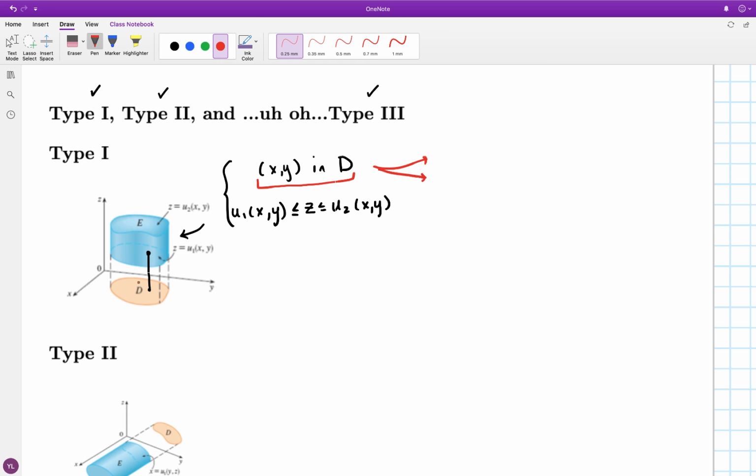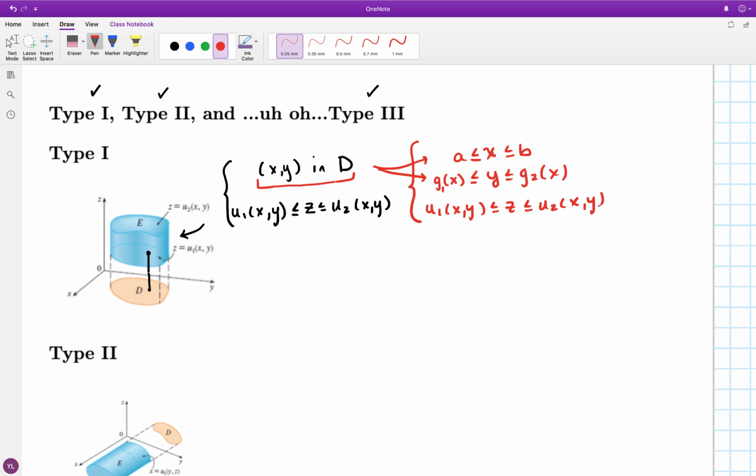Like if I have this 2-dimensional region defined as a type 1 in the double integral section, so imagine that x ranges between a couple numbers, and then y ranges in between 2 functions of x, g1(x), g2(x), then this would be one possibility of how a type 1 solid is expressed for purposes of computing a triple integral.